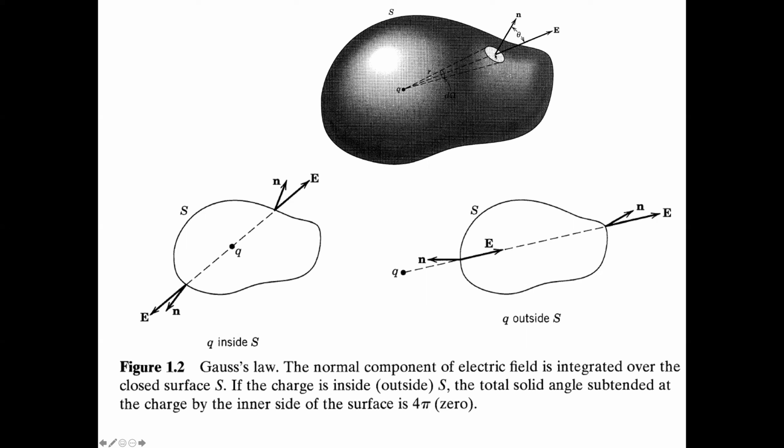If we want to calculate the electric field at a certain point here, we can draw a line from Q to this point, and then we will know if there's only 1 point charge here, then the direction of your electric field will be in this direction, from Q to this point. Let's say the distance between Q and this point that you concern is R.